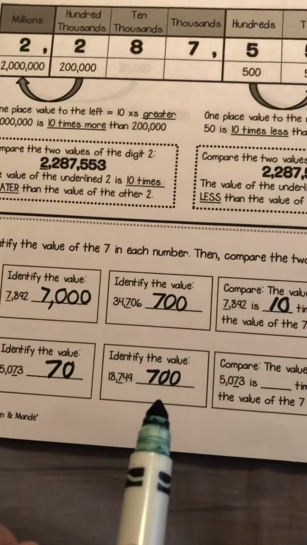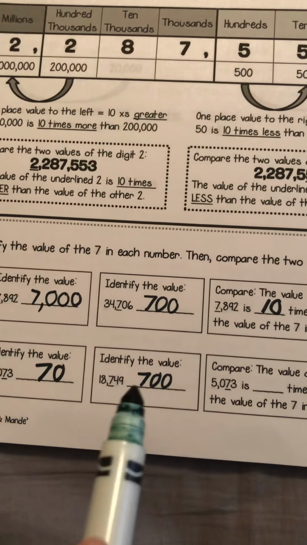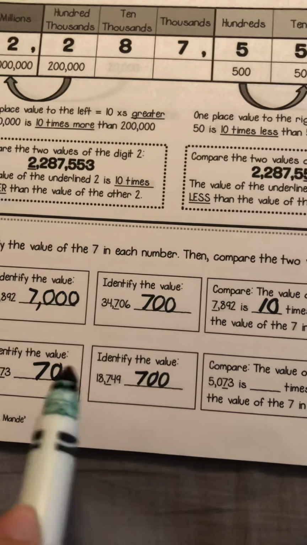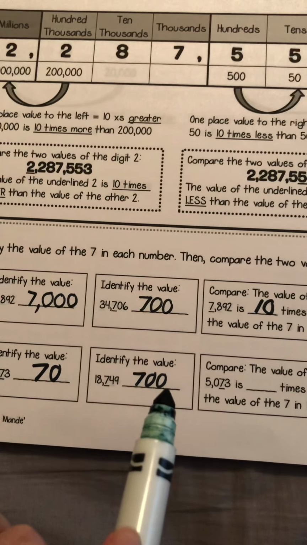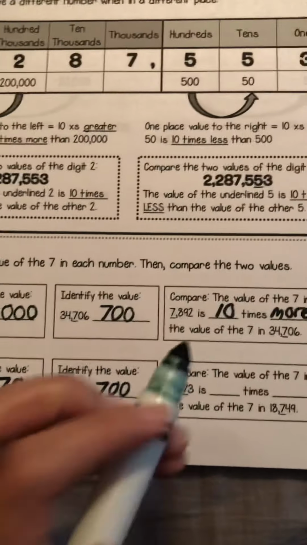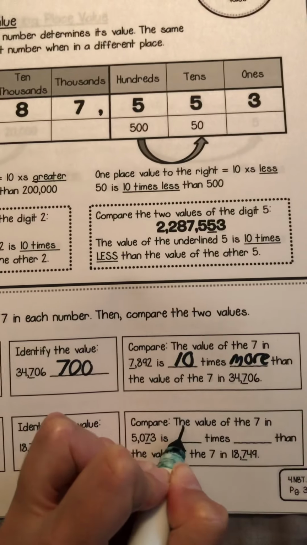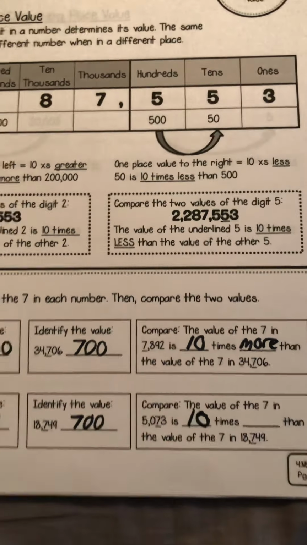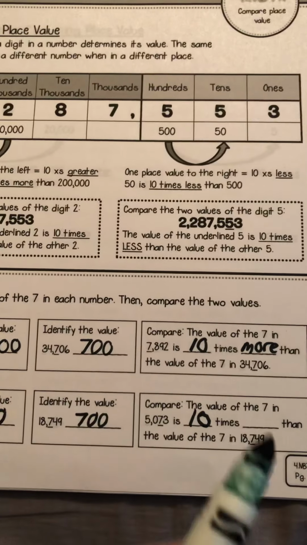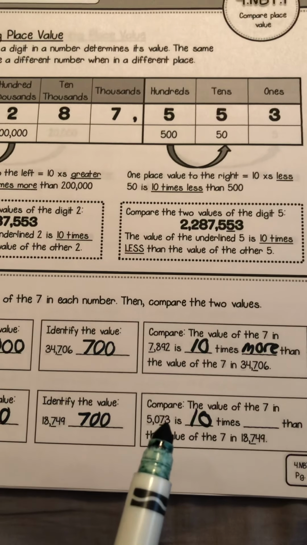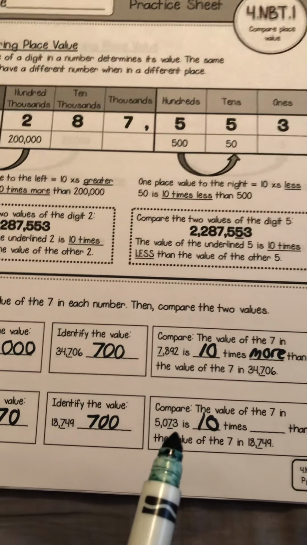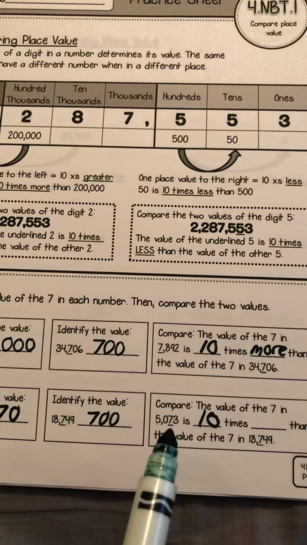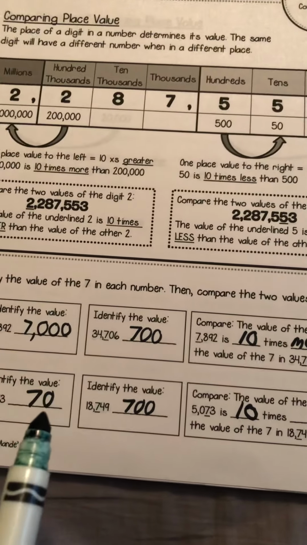Well, again, we're noticing that there's only 1 zero from here to here, right? So that means because it's 1 zero, it's 10 times. Now we have to notice 70 is our smaller number, okay?